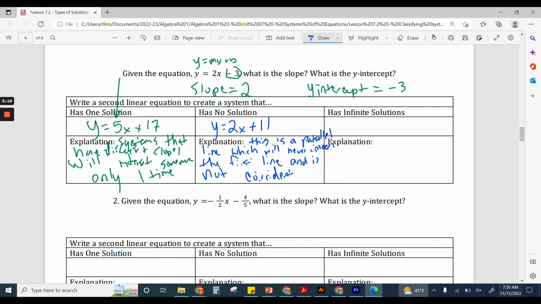Coincident, C-O-I-N-C-I-D-E-N-T. So this is the parallel line which never intersects the first line and is not coincident.